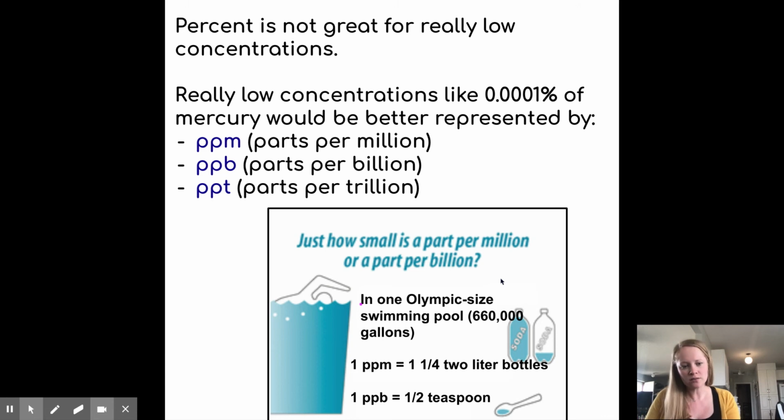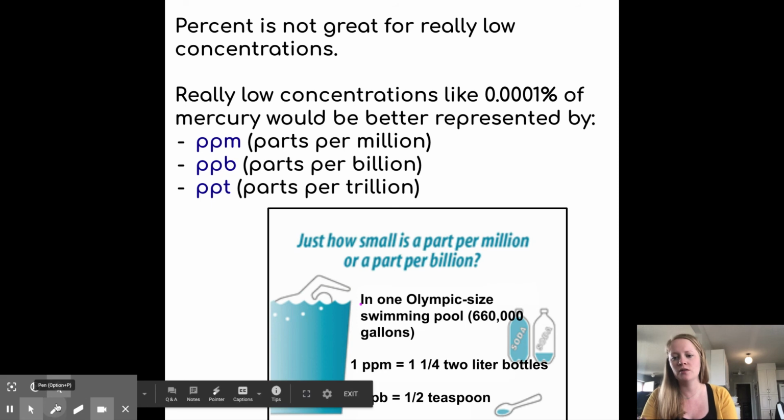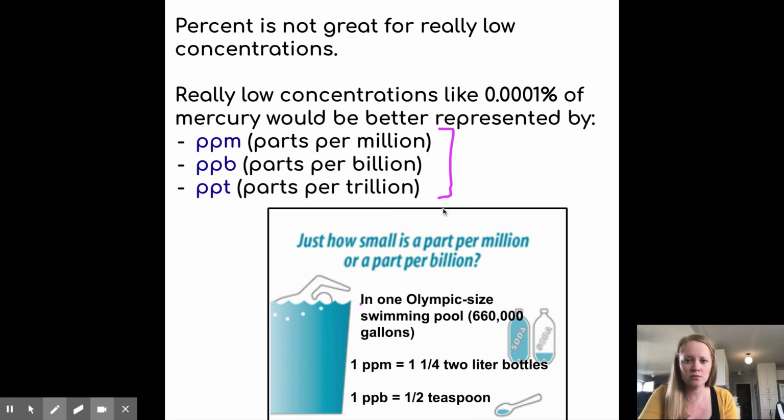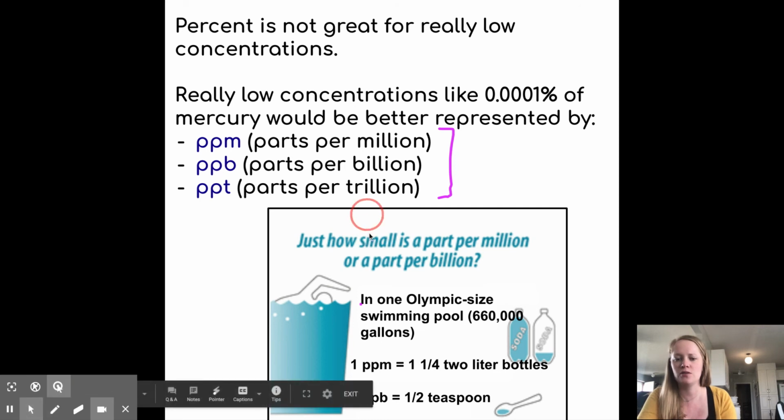So instead of using percentage for concentrations, we end up using 3 different units, essentially: ppm, ppb, and ppt. They stand for, and this is something that you want to put in your notes: parts per million, parts per billion, and parts per trillion.